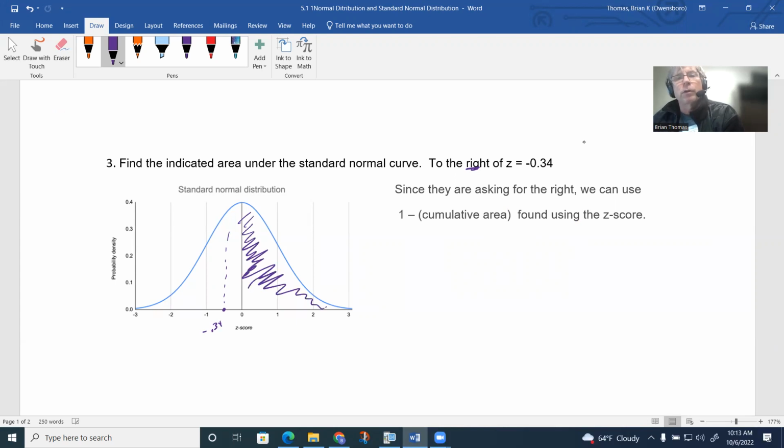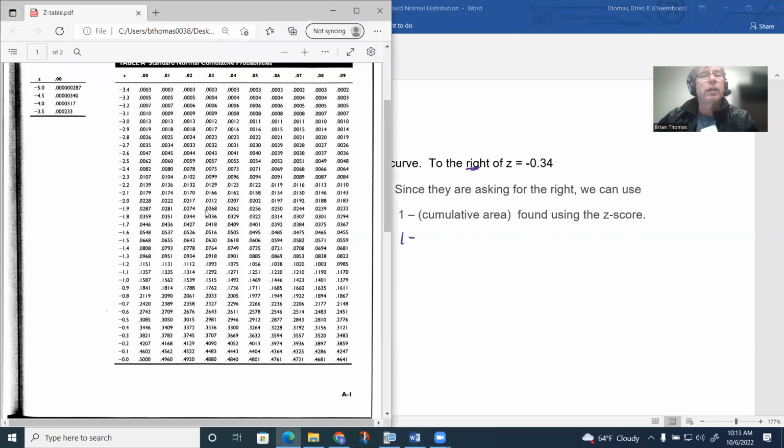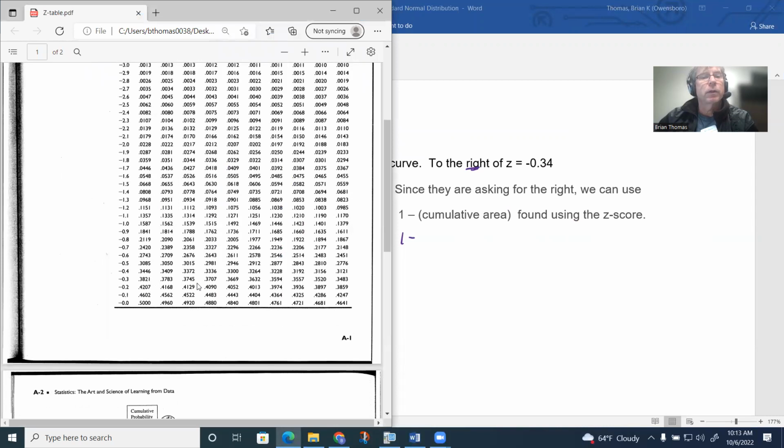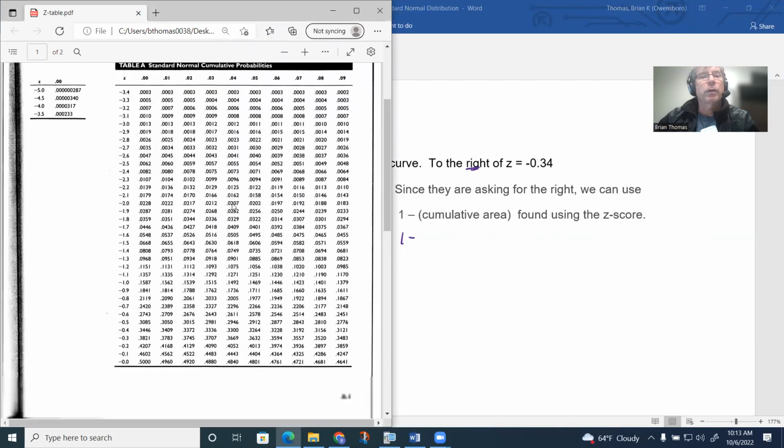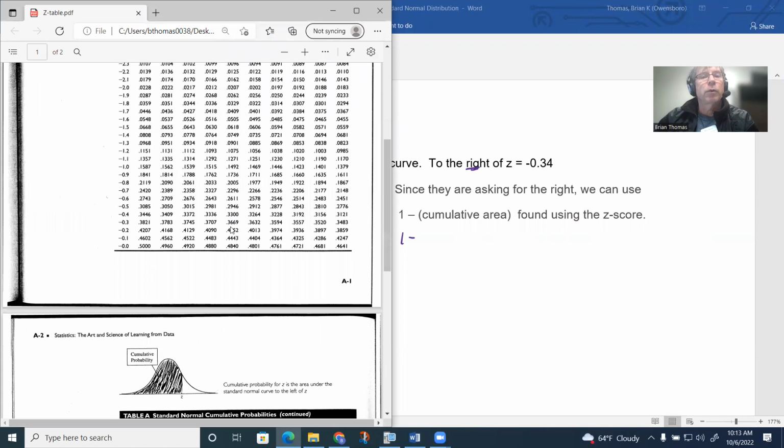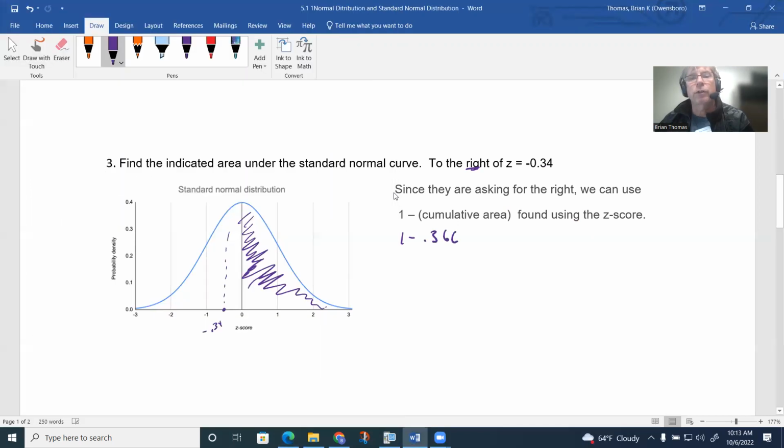Remember, when you do z-scores, they're done from the left. So to find the area to the right of the z-score, I have to use the 1 again. I have to go 1 minus the cumulative area associated with the z-score of negative 0.34. If I go back to my table, negative 0.34, the 4 is up here, come down: 0.3669.